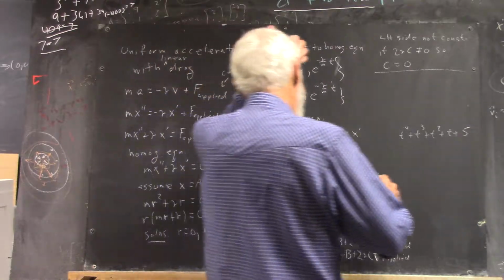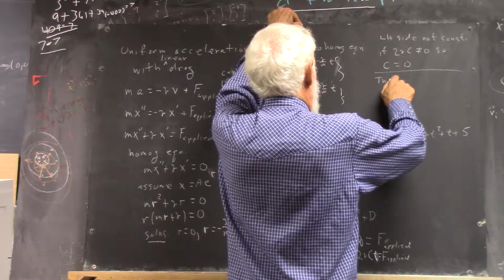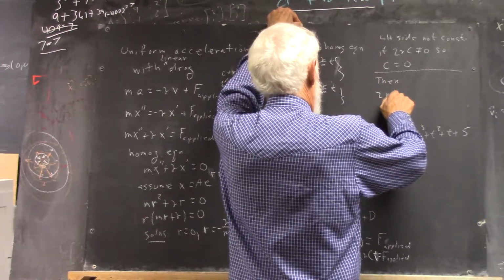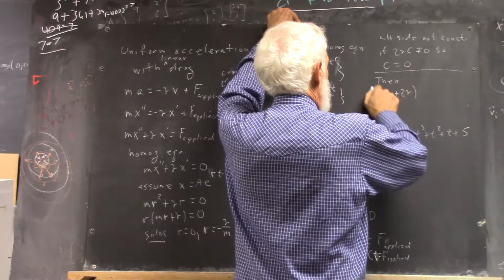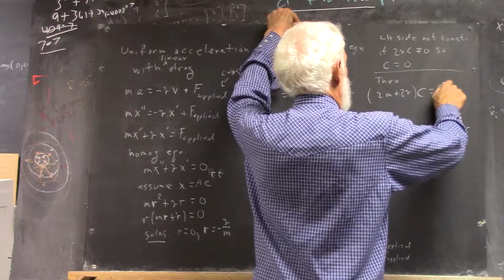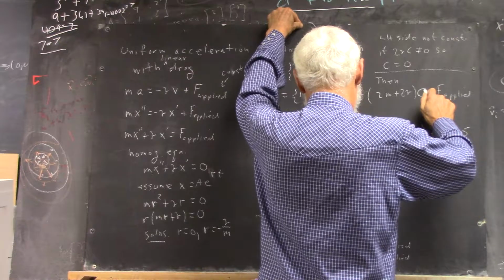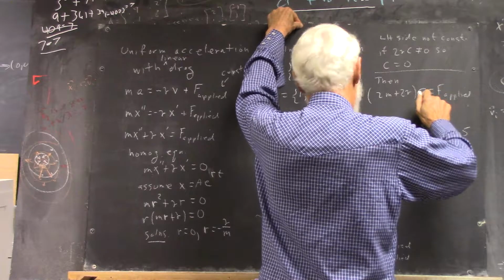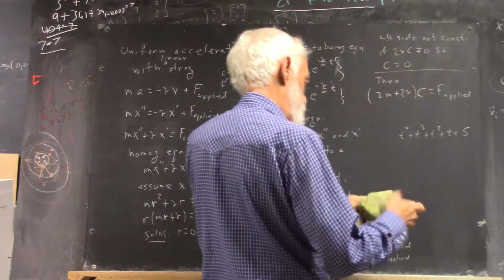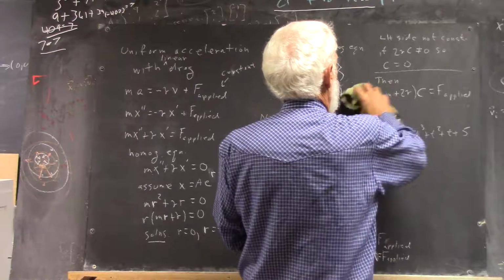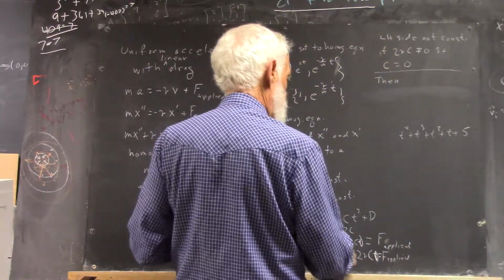And then 2mc plus 2 gamma c, which I can write in factored form, has to equal F applied, and that's wrong. I was looking at it as it was before and not looking at all of it, so let's do it right. Okay? 2mc plus gamma b.